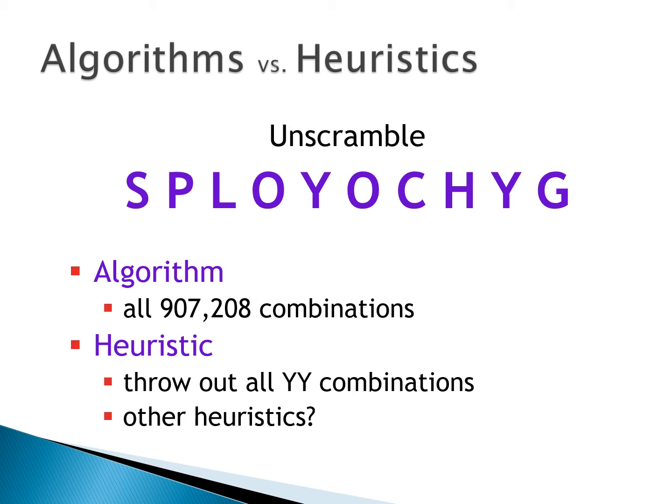But if we use heuristics, we know that of those over 900,000 possible combinations, probably no word has a YY in it, right? So you throw out all those possibilities. Now that's heuristics, because that's a shortcut. It's not every single possible one, but you can take some things out to shorten it up. So think about that. Can you think of any other heuristics that you would use?